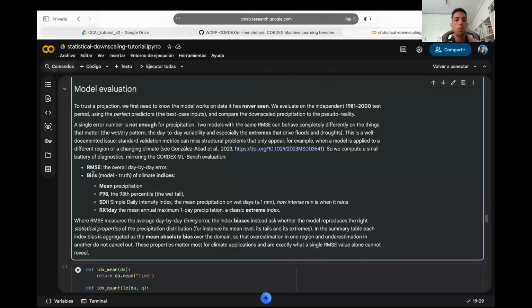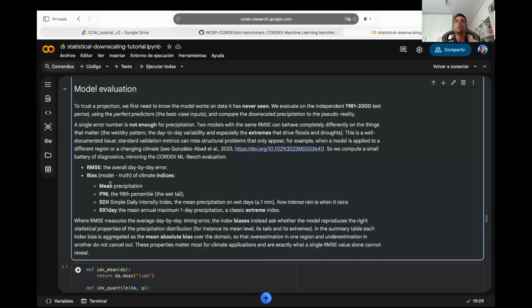For instance, we can compute the bias of the deep learning model with respect to the truth. This bias is generally computed for different statistics, for instance, for the mean. The idea is to see how similar the mean predicted by the deep learning model is to the target mean. But not only the mean. For precipitation, we may be interested in assessing the extremes because extremes are less common when training a model.